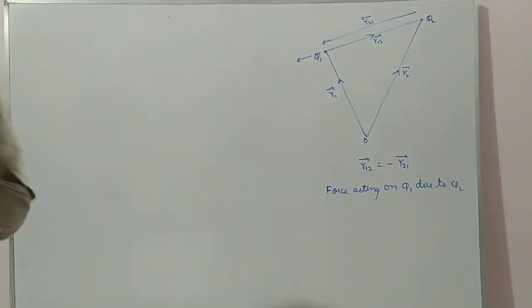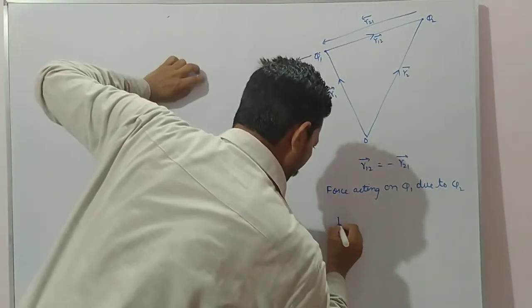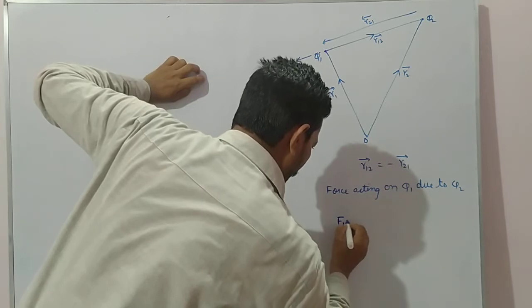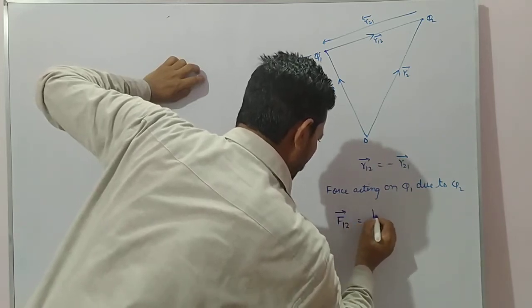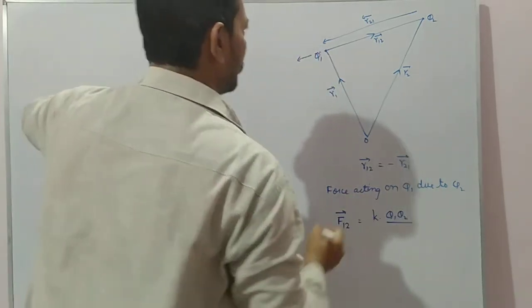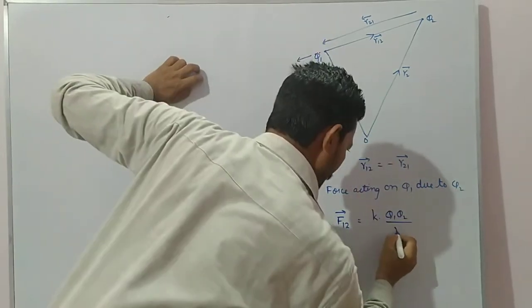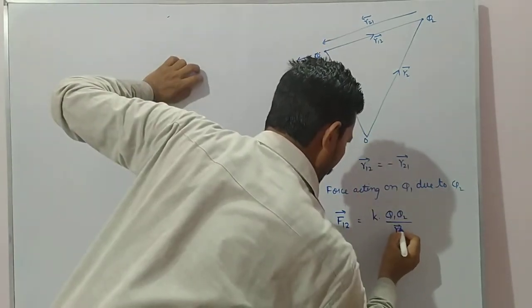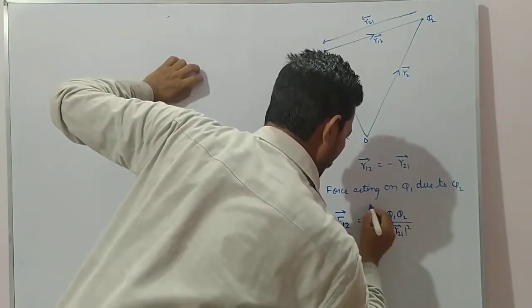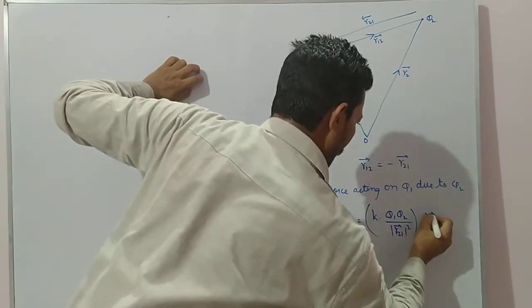So force acting on Q1 due to Q2 will be along the left hand side. So we are denoting this one as F12 vector, that is K Q1 Q2 by the magnitude of R21 square, and then unit vector R21.